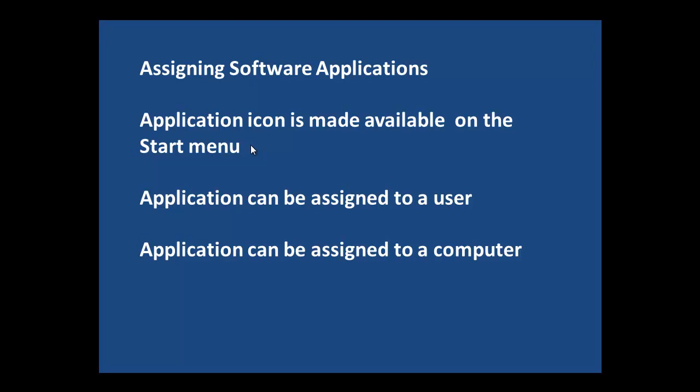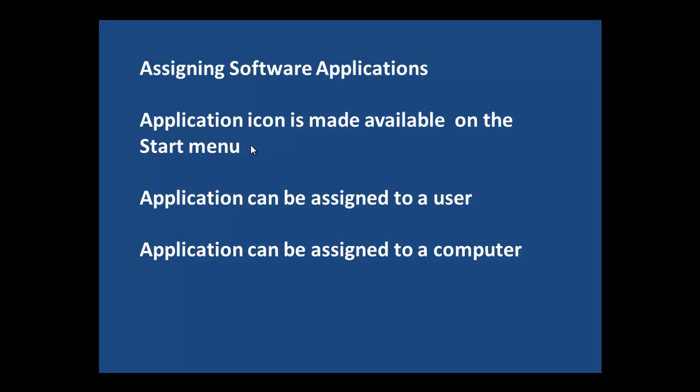In the start menu, the user will see the application icon for the application that needs to be deployed. When the user clicks on that icon, if that program has not yet been installed on the local computer, the application will automatically be accessed from the server where you have the share, and it will be installed to the computer.